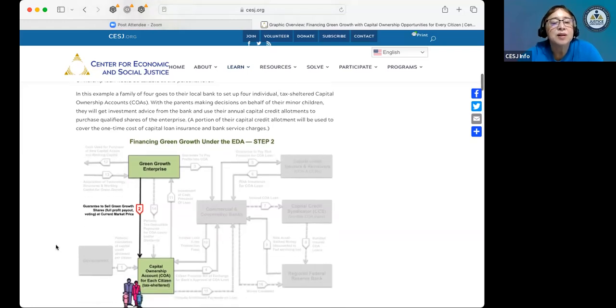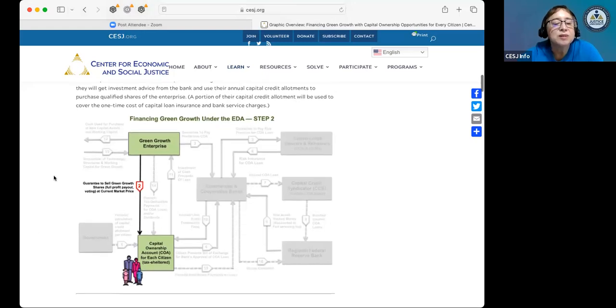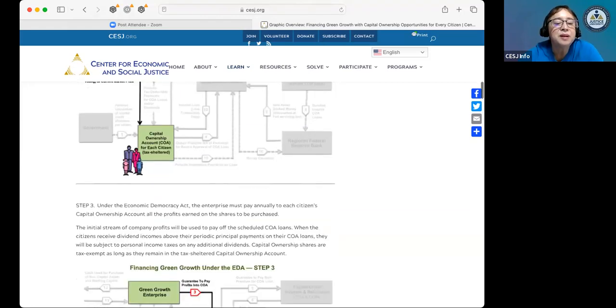Okay, so here we see the second step is that the corporation wants to do a green growth project, and the way it's going to get its money to acquire all the assets it needs is to sell shares to the capital ownership account, which is set up probably in one of the commercial banks.